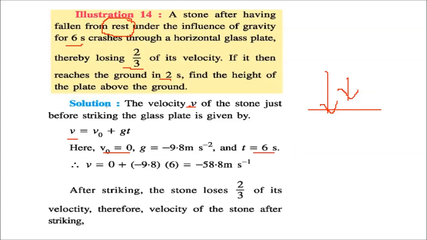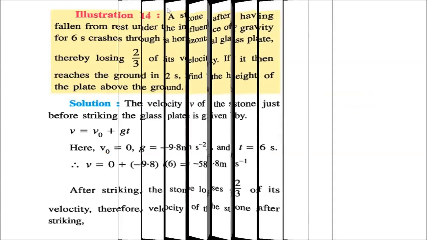So let us put these values in the first equation of motion. We get velocity equal to 58.8. Now it is said that it loses 2 by 3 of the velocity. That means it retains only 1 by 3rd of the velocity. So what is the initial velocity for the second case?